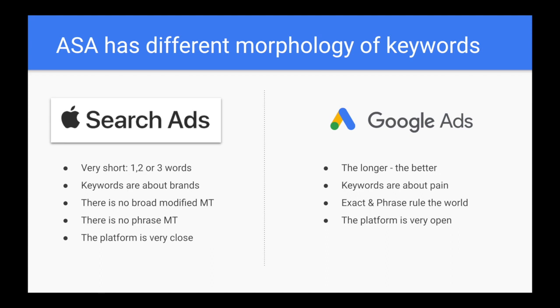They're not typing, I don't know, Mercedes GLE 120 2018 red color, big engine and vroom vroom. No, it's not happening there. They're typing very short keywords, usually one, two or three words. Three is a maximum, and one, two and three words cover about 95% of searches. They really like to try brands, and you cannot specify match types like broad modified and phrase in search ads.